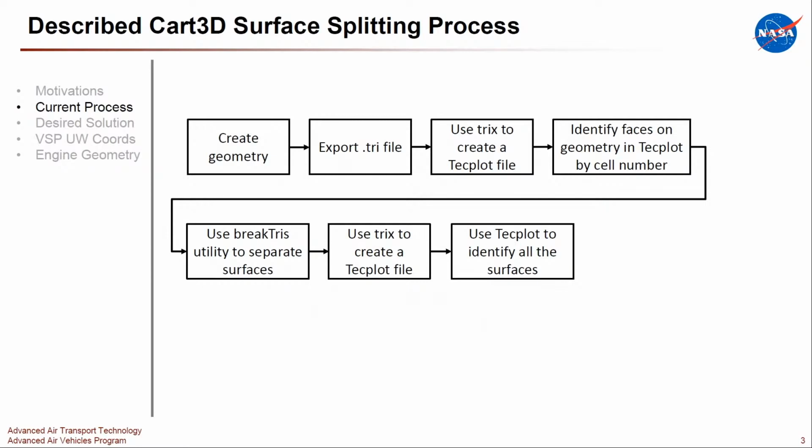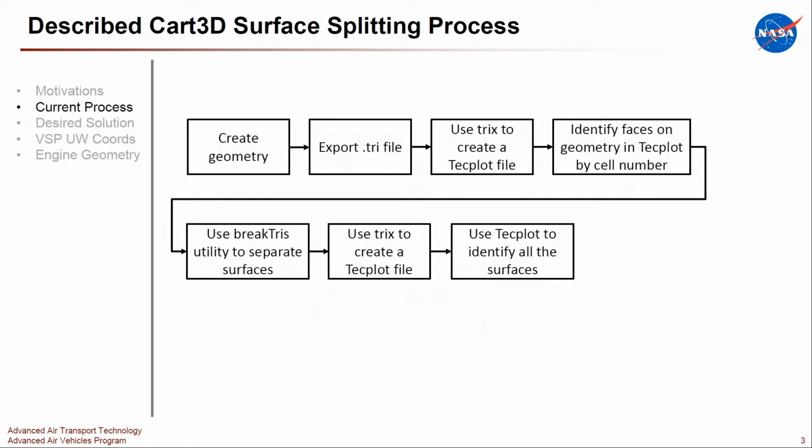There's a command called break tris that will find that cell number and separate your watertight component where there are sharp edges. If you think about a 90-degree turn, it will find all the cells within that plane and break them from the rest.